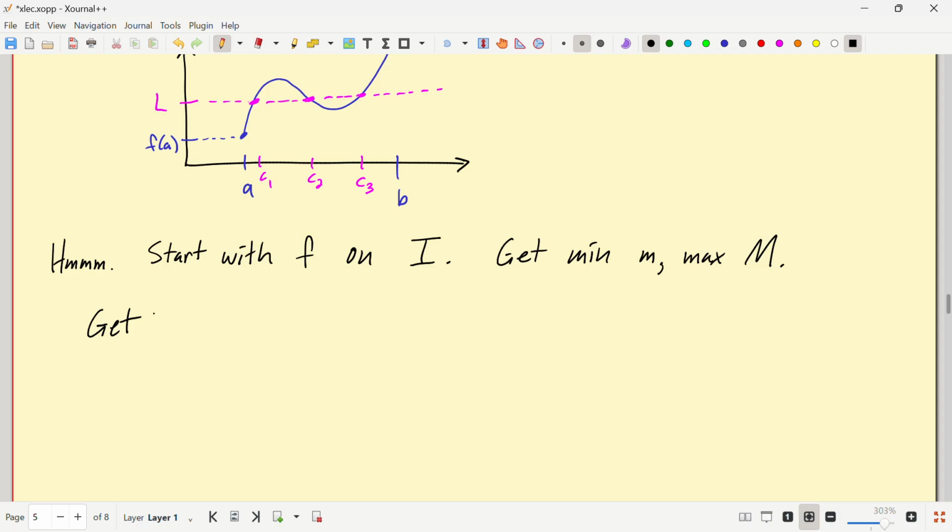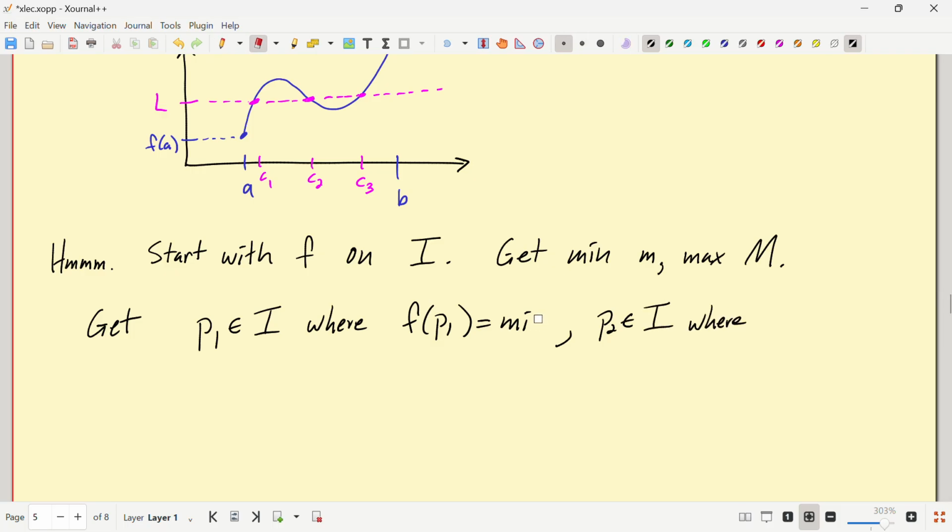We know we get a P1 in I where the min is attained, and a P2 where the max is attained.